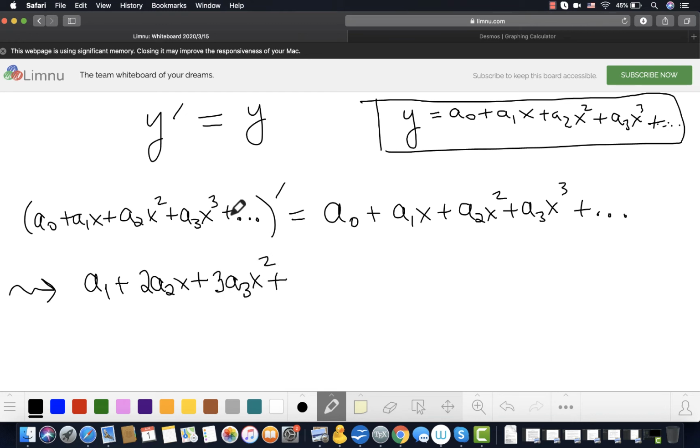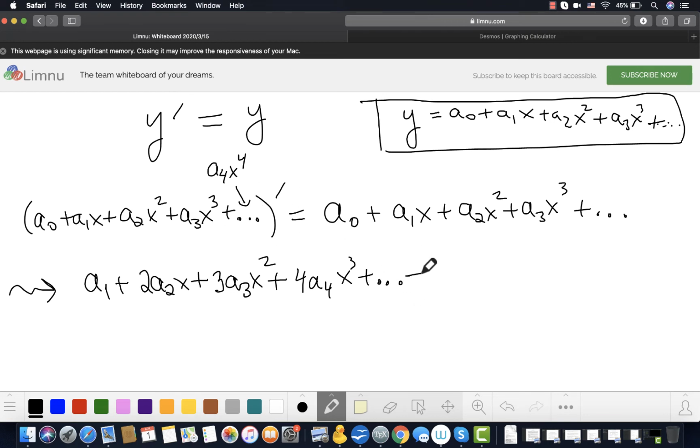Let me write one more term. The next term should be a4x to the 4, right? If we take the derivative of this, it should be 4 times a4 times x cubed, and then there are more terms, like a5x to the 5, and so on.